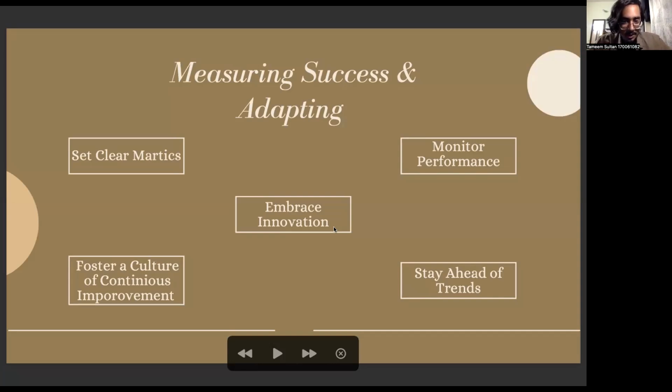So by staying up to date on the latest trends and emerging technologies, businesses can position themselves to take advantage of the new opportunities and stay ahead of the competition. Then embrace innovation. So innovation is essential for businesses that want to succeed in a rapidly changing global market.